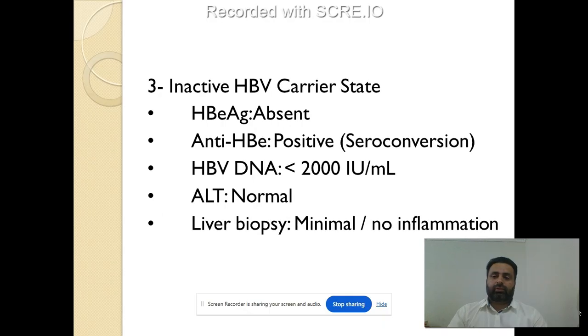In the third stage, the inactive HBV carrier stage, HBe antigen is absent, anti-HBe positive, seroconversion, HBV DNA less than 2000 international unit per ml, ALT is normal, liver biopsy minimal or no inflammation.